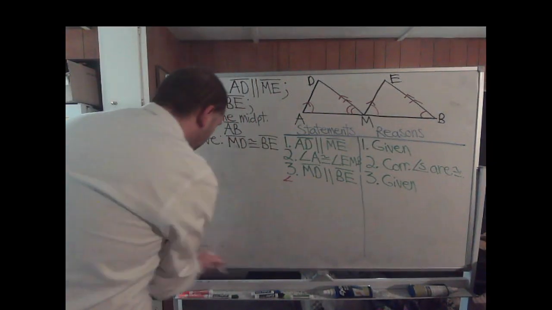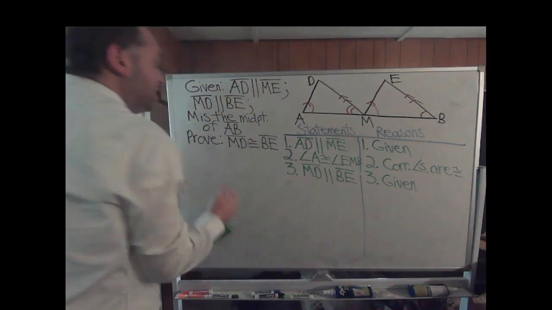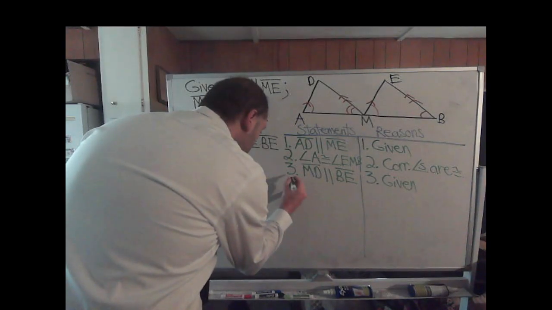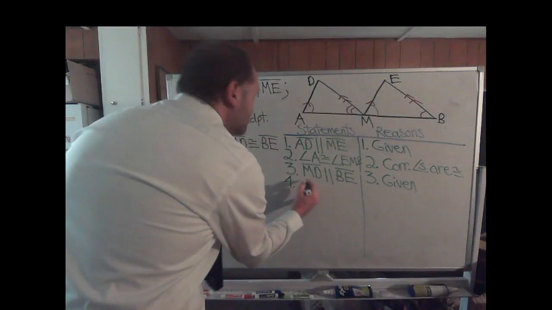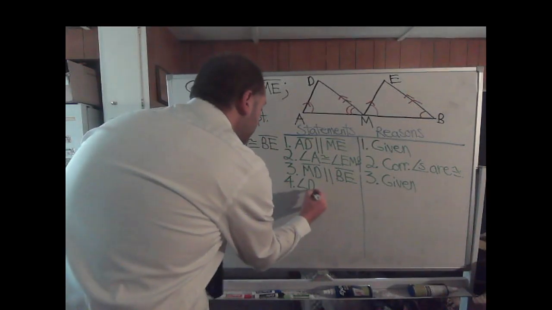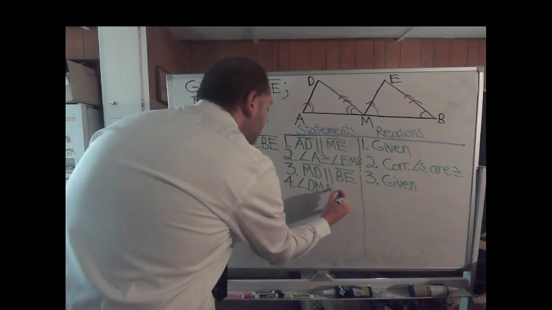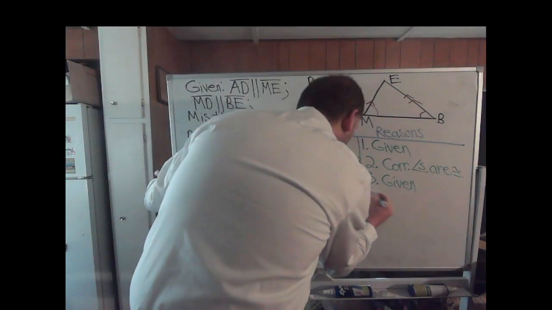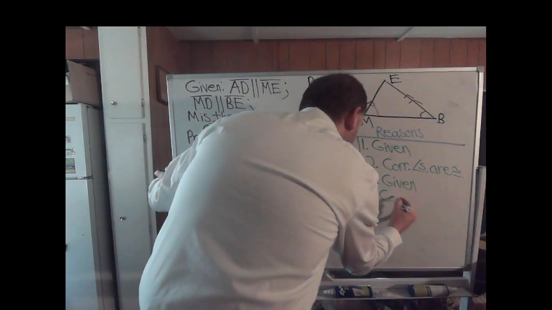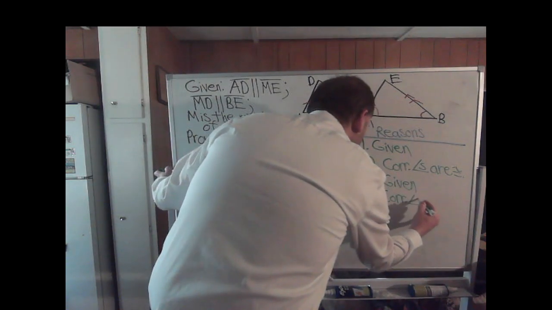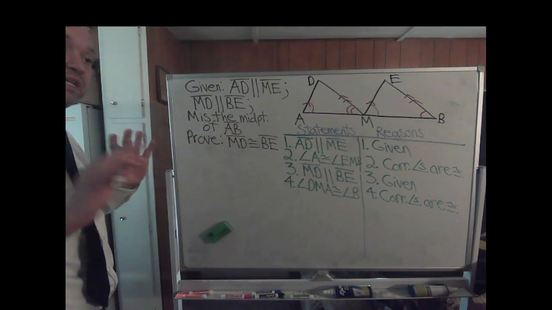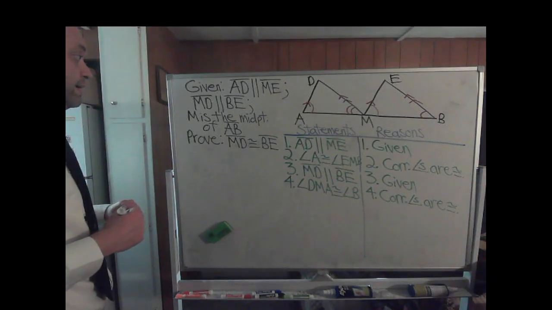I want to write in green. So the next statement we should have is that angle DMA is congruent to angle B by once again that corresponding angles are congruent. Alright, so good. And these triangles now, we've at least proven two congruent angles, haven't we?